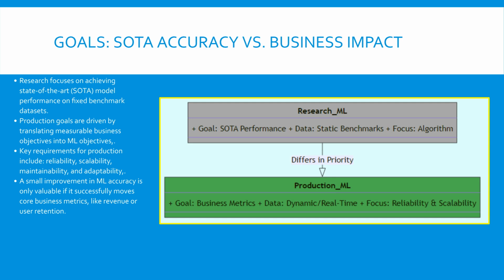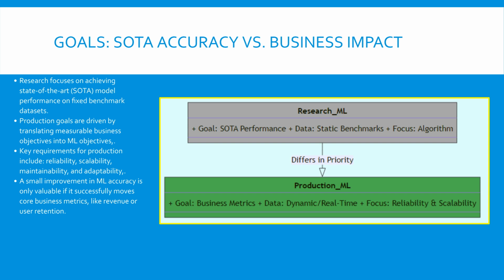This class diagram highlights the difference in priorities between research ML and production ML. Research ML mainly focuses on achieving the best possible score, known as SOTA performance, typically using static, known benchmark datasets. The algorithm itself is the main point of study. Conversely, production ML's main goal is driven by improving core business metrics in a real, ongoing environment.